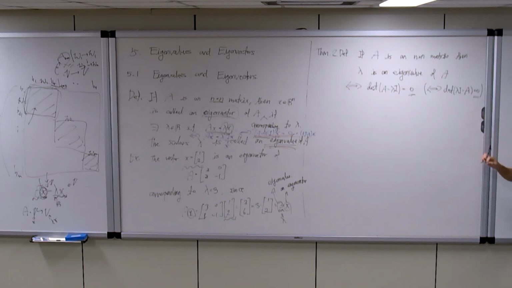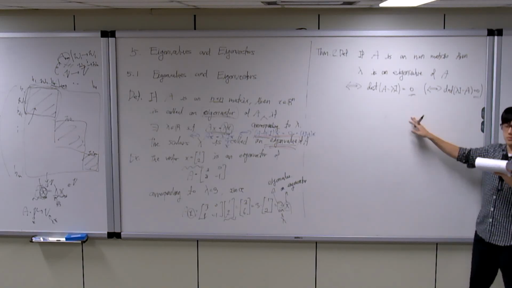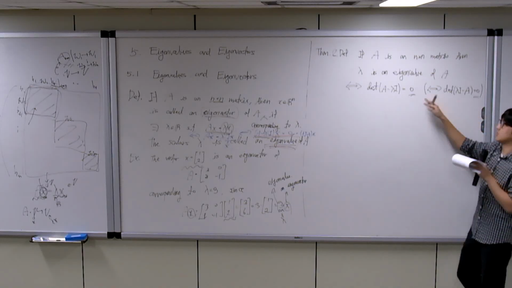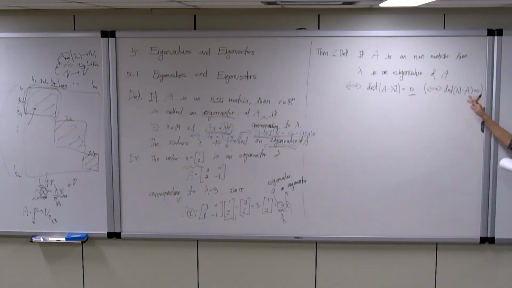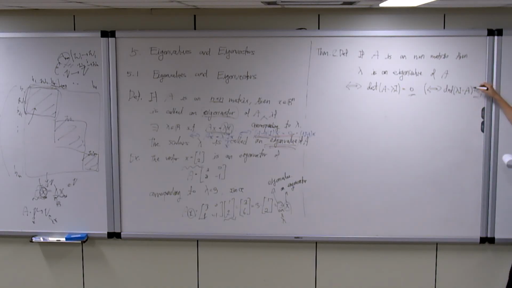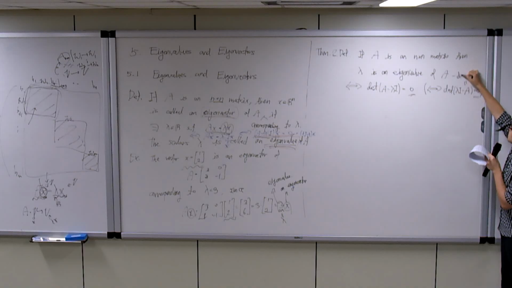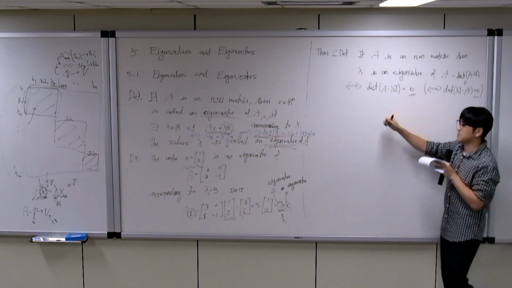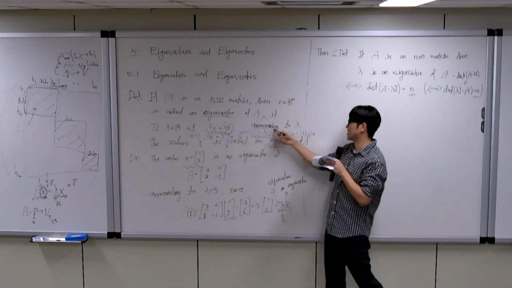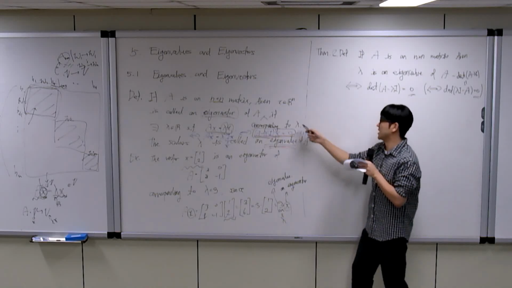One example. We don't need to write two things, because if it is 0, then it will be 0 because it is going to be minus the determinant of A minus lambda I. And so I said that I will use this notation instead of this.